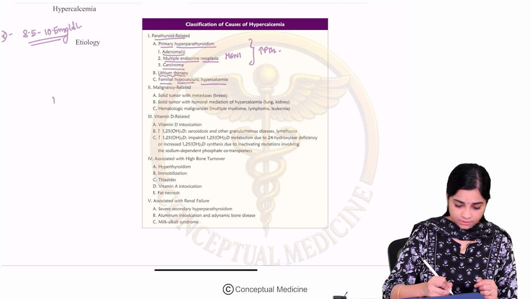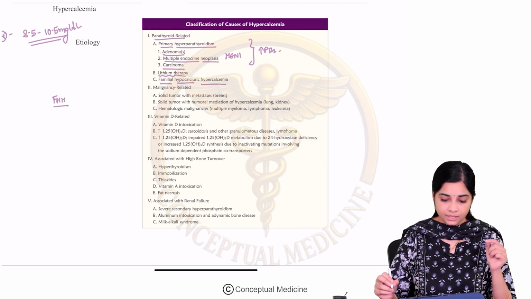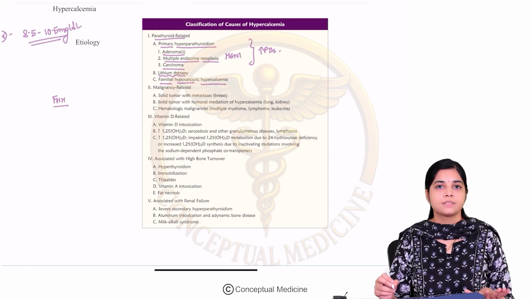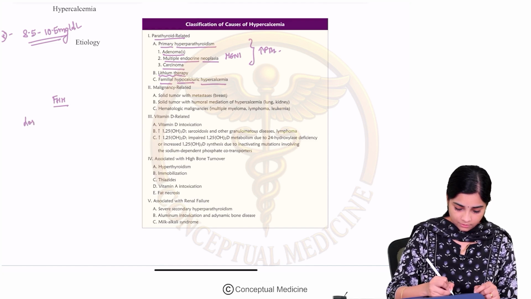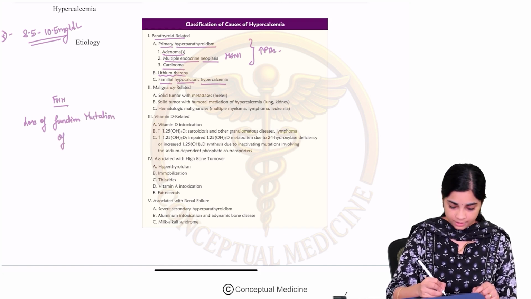This is also called FHH. Familial hypocalciuric hypercalcemia. So where is the defect here? This is because of a loss of function mutation of your calcium sensing receptor.